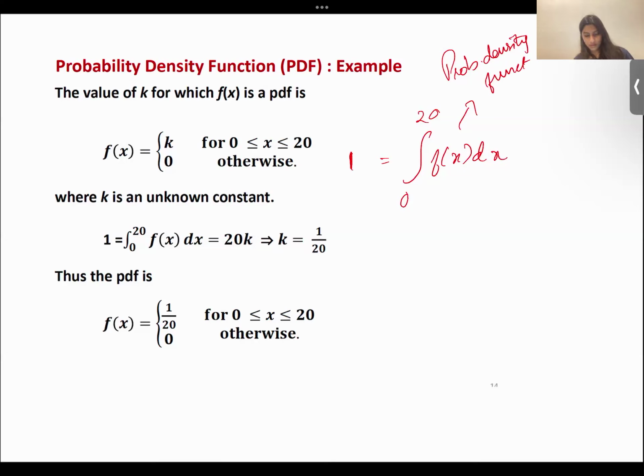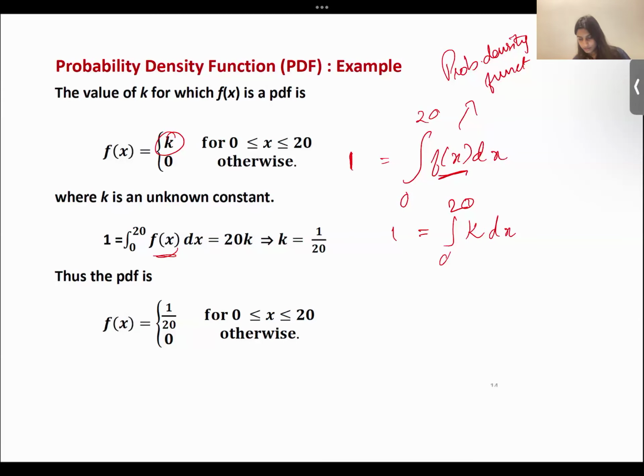It is given that this f of x here is your k. So you just have k in place of f of x, and dx from 0 to 20. And because k is a constant, this equals 1. You just directly apply these values here.